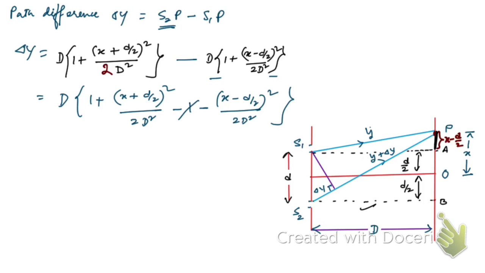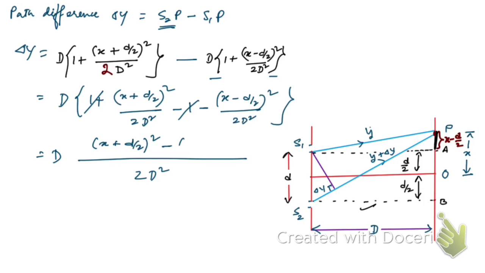Okay, so here minus 1 plus 1 gone, and d into here 2d square will be the LCM, and here we're gonna have x plus d by 2 whole square minus x minus d by 2 whole square. That's what we're gonna have. So d square cancels d, right?